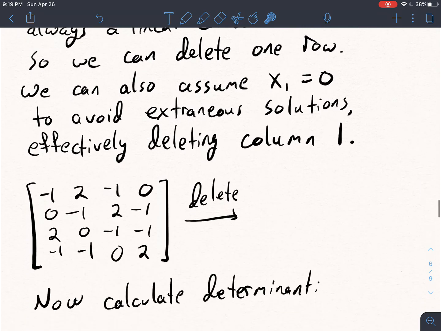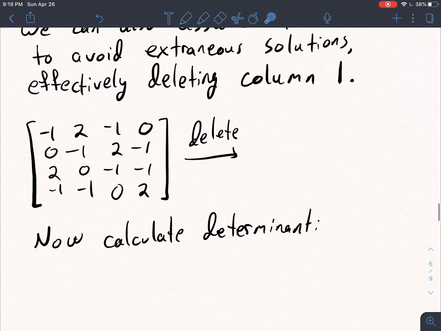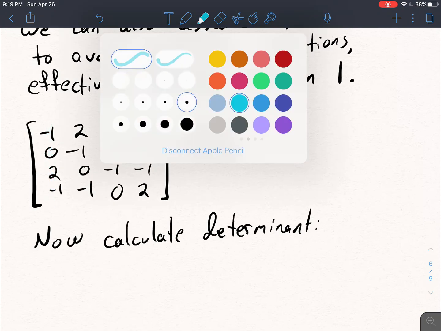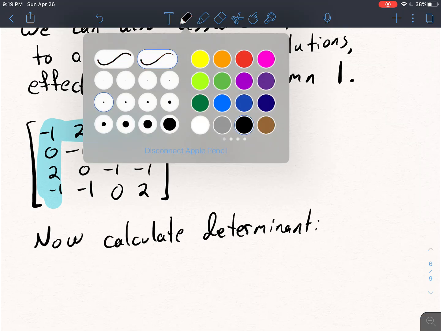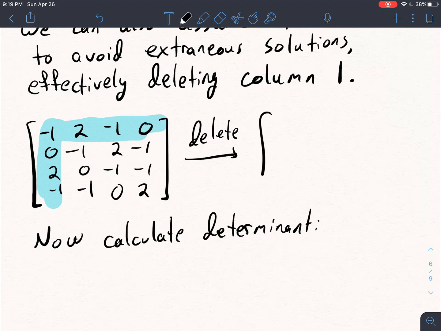We can also assume that x1 is equal to 0 by the above discussion to avoid extraneous solutions. And this effectively deletes column 1. So we have our matrix, and then we delete a row and column from it.